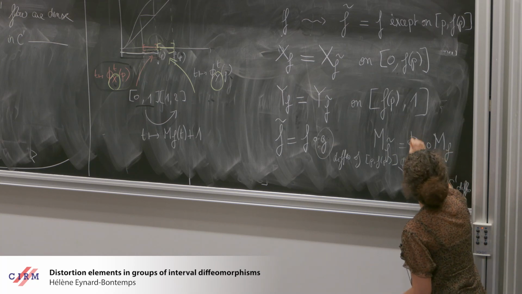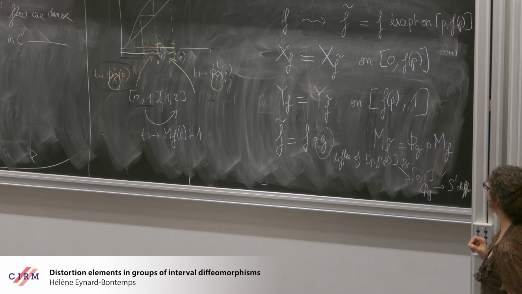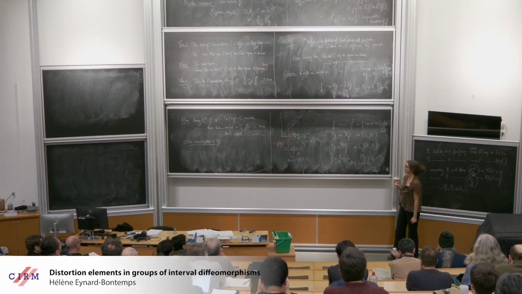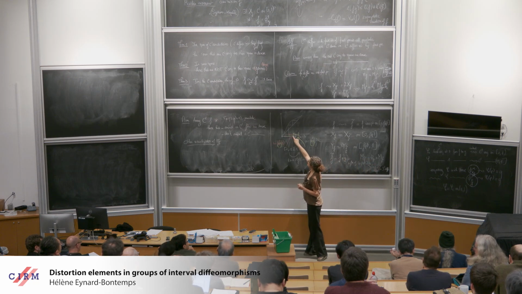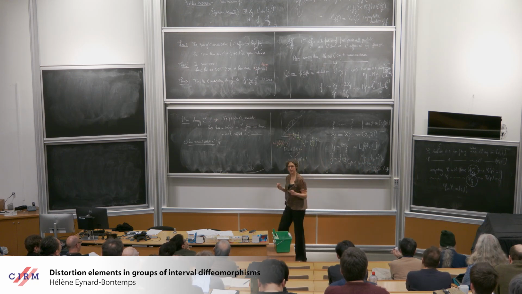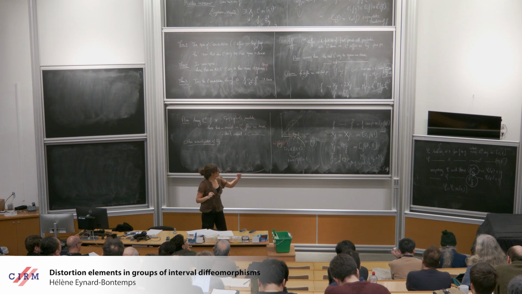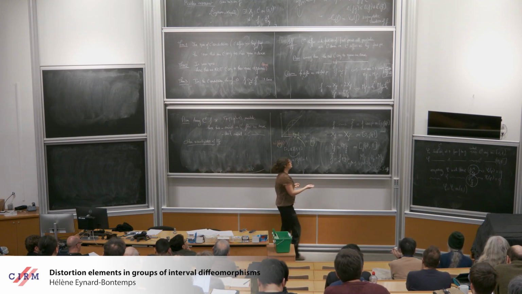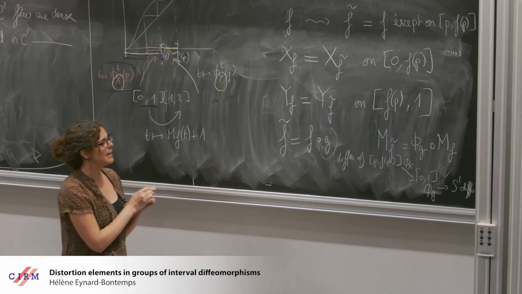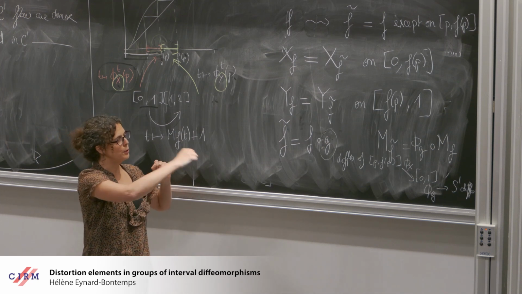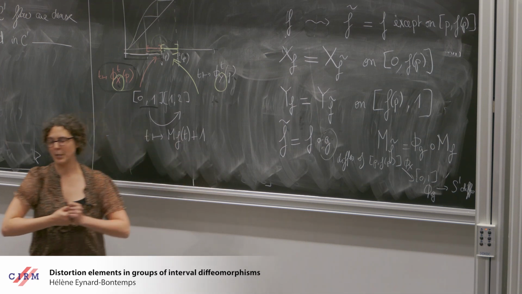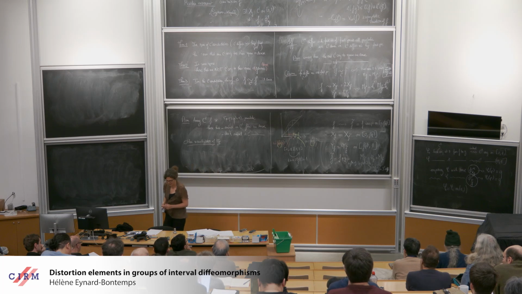And I claim that this is what happens to the matter invariant when you change the diffeomorphism only on a fundamental interval. You compose the matter invariant with something which is basically this G, except that it has been rescaled to be transformed in a diffeomorphism of 0, 1 with the boundaries identified.